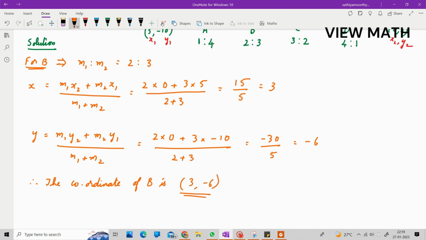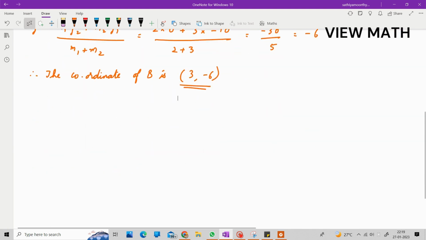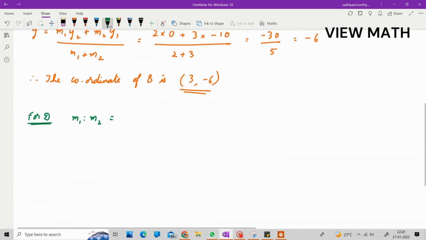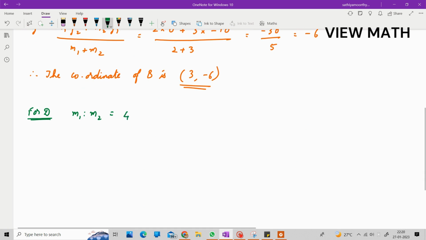Next, they are asking us to find the D coordinate. For D, M1 is to M2 is 4:1. Now let me find the X coordinate.